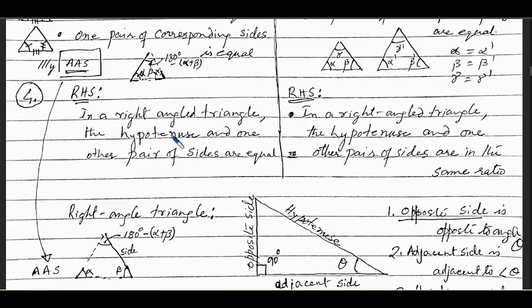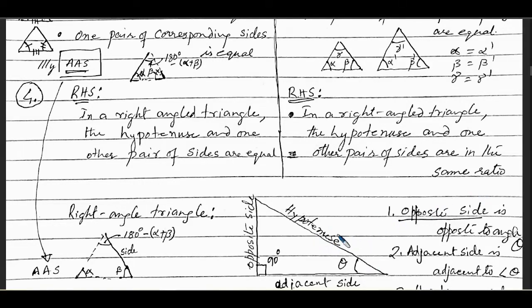So in a right angle triangle, if the hypotenuse and one of the other pair of sides are equal in both triangles, then it's congruent. But I can have in a right angle triangle the hypotenuse and one other pair of sides in the same ratio. Suppose I again make a small triangle and a big triangle.